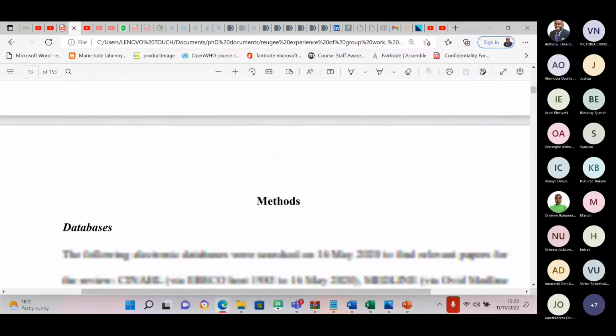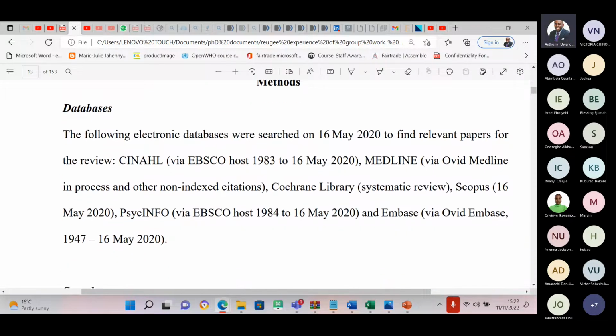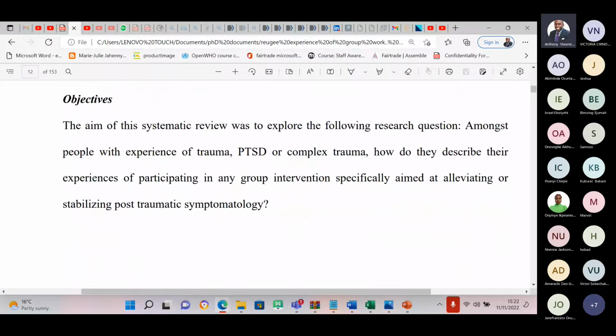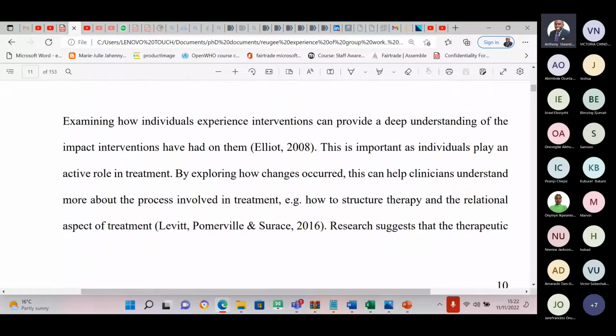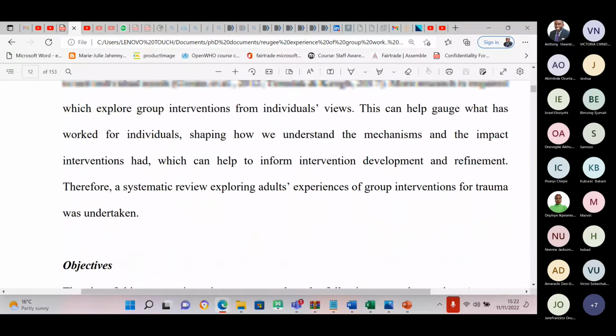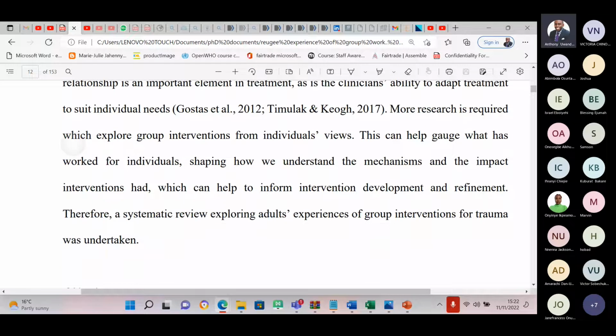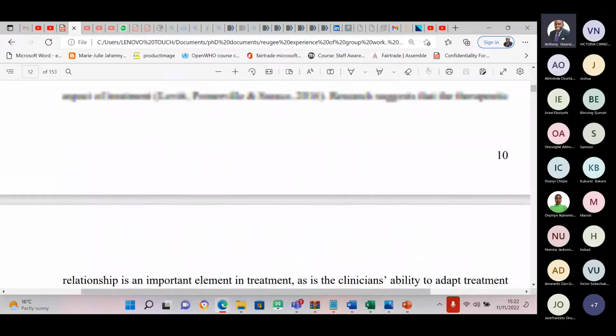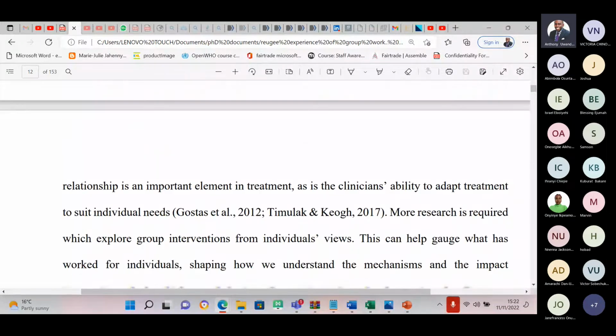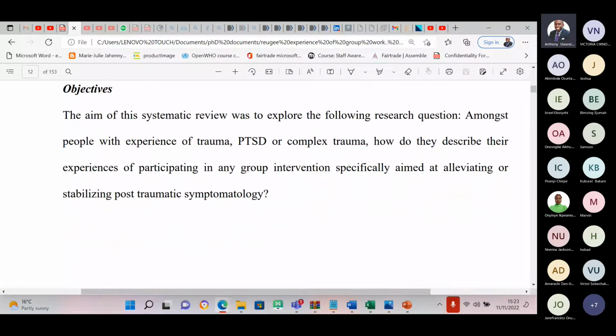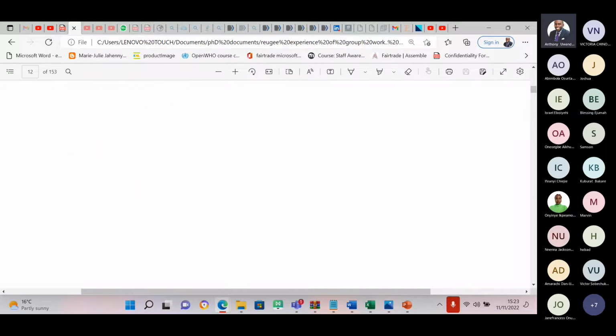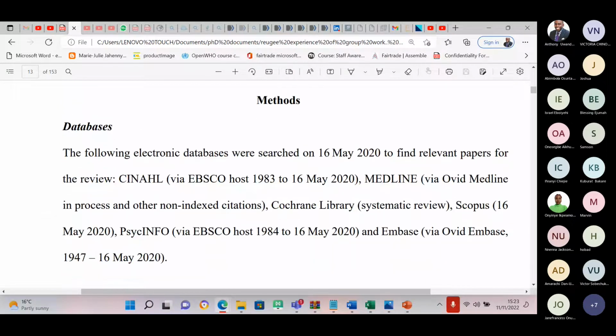Now you need to tell me, so this is your proposal right now. After you have written your background, and you have stated why your research is important, then you need to tell me your objectives. Then you need to tell me your methodology.